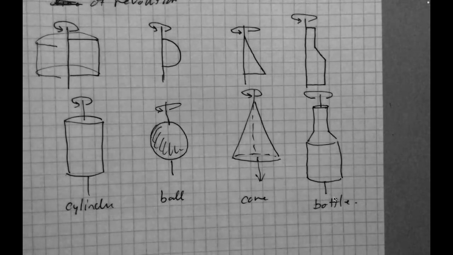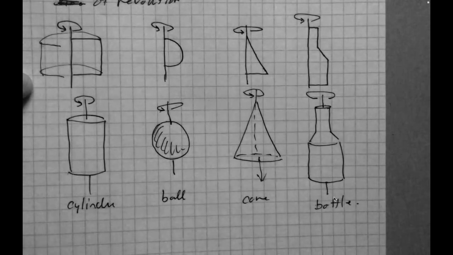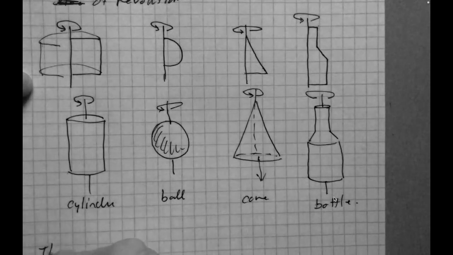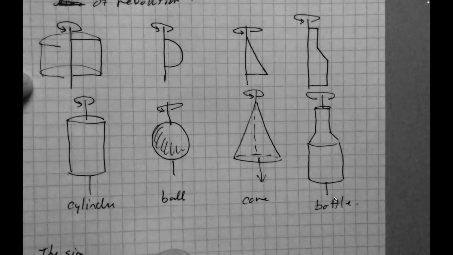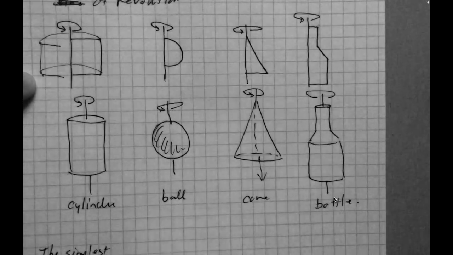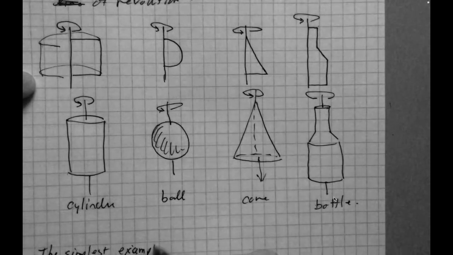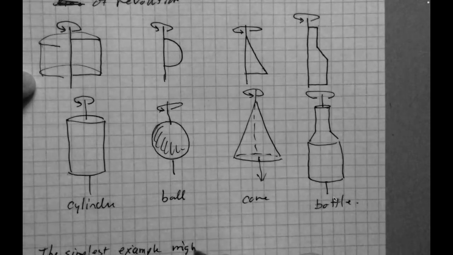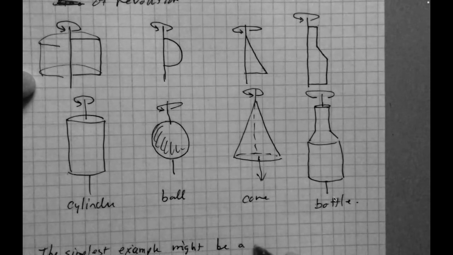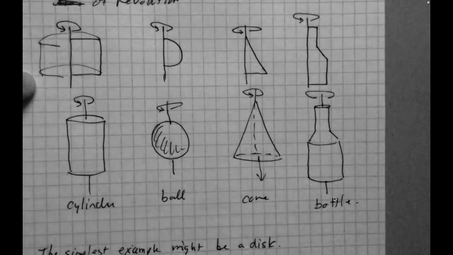Okay. Now the simplest example here, I would say, maybe not the simplest, but a simple example, we'll say it's the simplest, might be a disc, which is a lot like a cylinder.